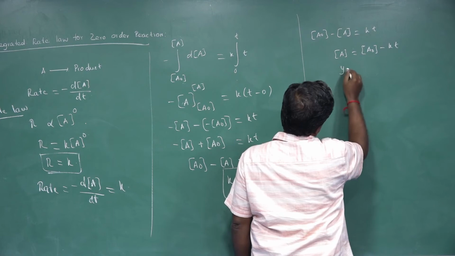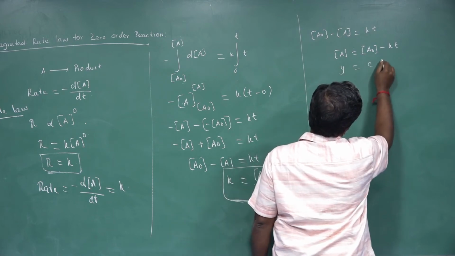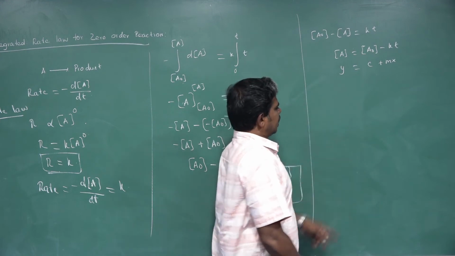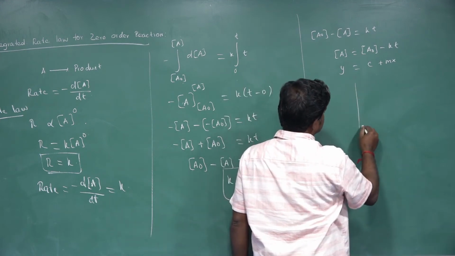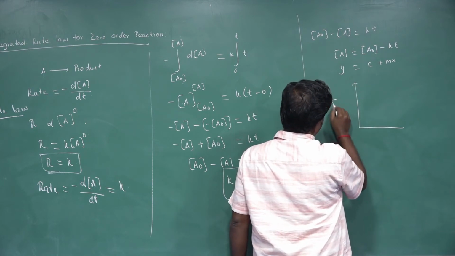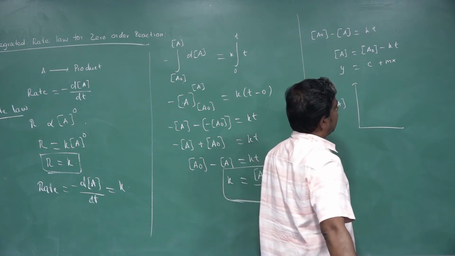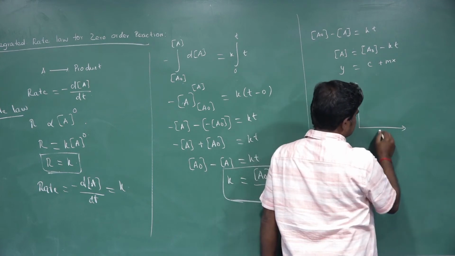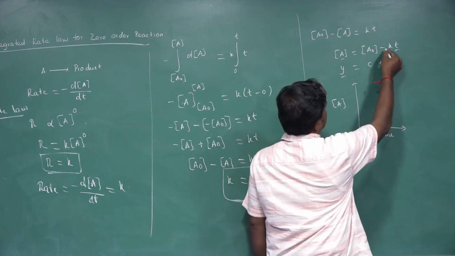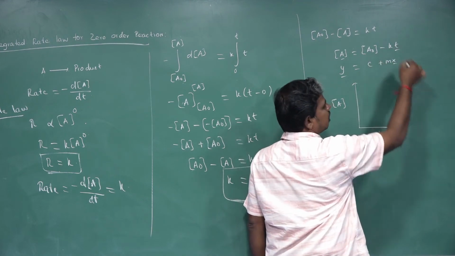So here in the form y equal to c plus mx. Now we take in the y-axis concentration of A, and in the x-axis time. Now what will happen? Here m is nothing but the slope value.